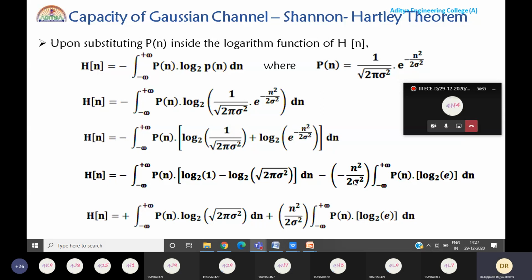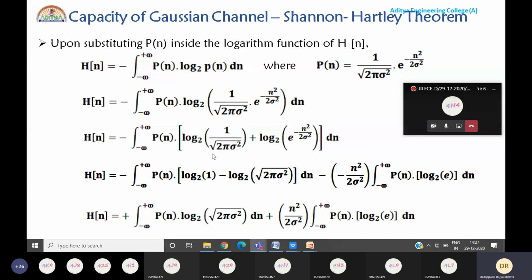So minus n square by 2 sigma square integral from minus infinity to plus infinity. Here P of n is a common factor, so P of n into log e base 2, because the e power value we took outside the logarithm, into dn. Here log 1 is 0.